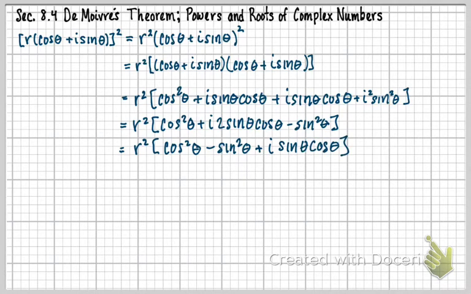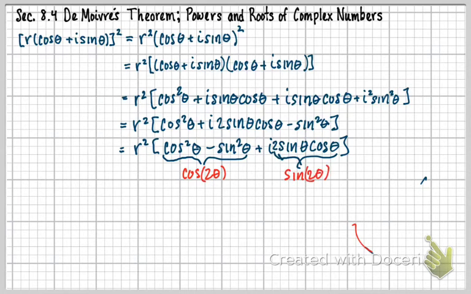So this is what I end up with. Now, if we know our trig identities, you'll know that those two together equal cosine of 2 theta. And then, oops, I forgot something here. I forgot my 2. If I put those together, it's going to be sine of 2 theta.